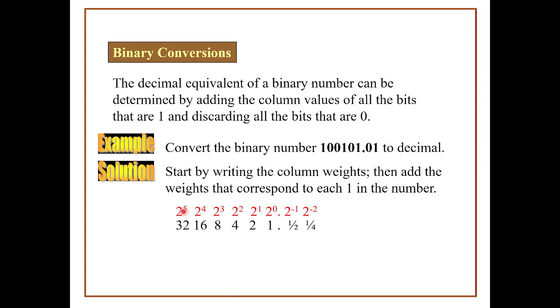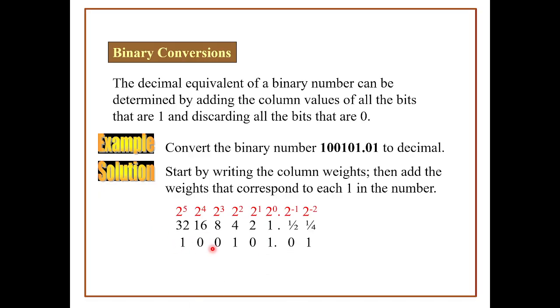If you expand, 2 to the power 5 you get 32, 2 to the power 4 you get 16, 2 to the power 3 you get 8, 2 to the power 2 you get 4, 2 to the power 1 is 2, 2 to the power 0 is 1, and then same over here, 2 to the power negative 1, 2 to the power negative 2. You have these numbers.